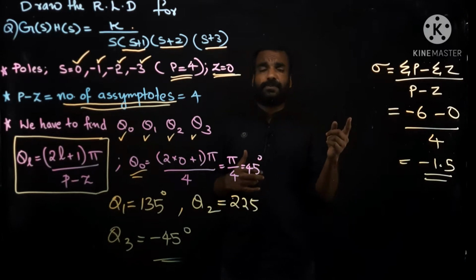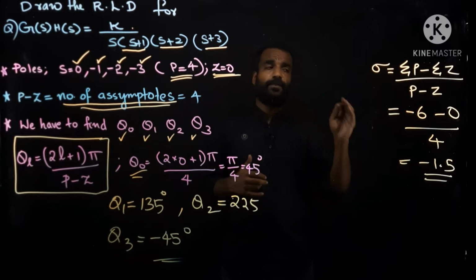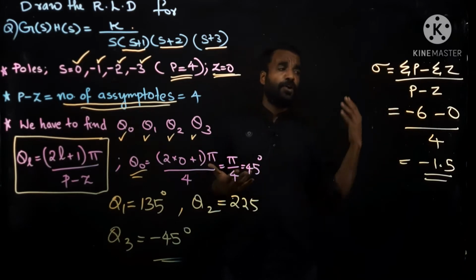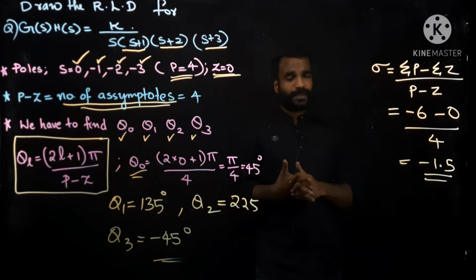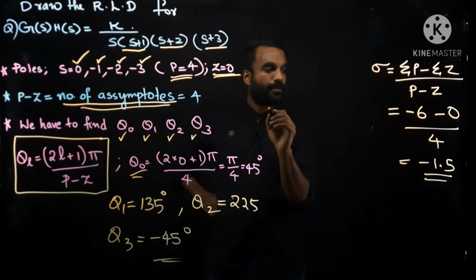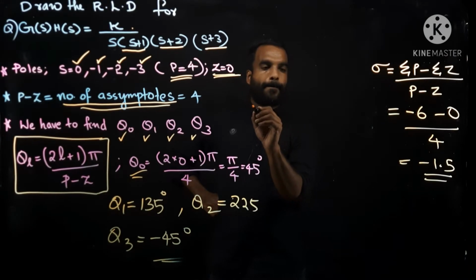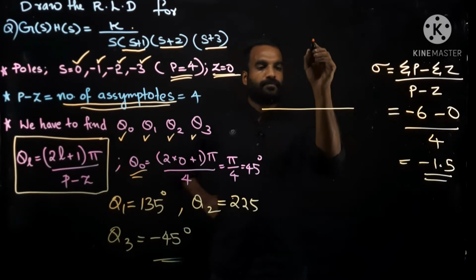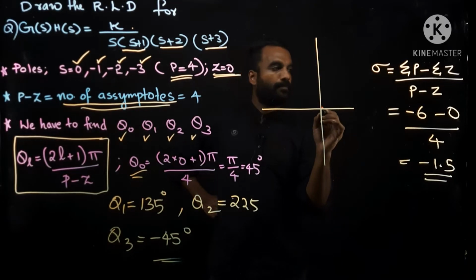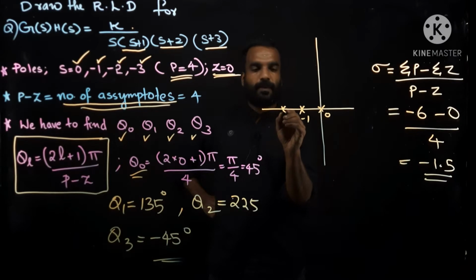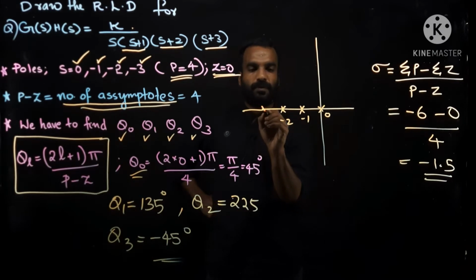Then as there are 4 asymptotes, we need a centroid. Centroid is the meeting point of asymptotes. Sum of poles minus sum of zeros, by number of poles minus number of zeros. 6 minus 0 by 4, it is minus 1.5. Now, one pole is there at 0, minus 1, minus 2, and minus 3.